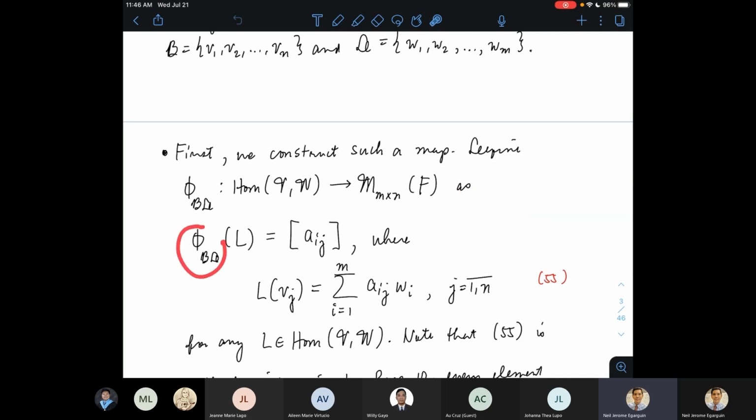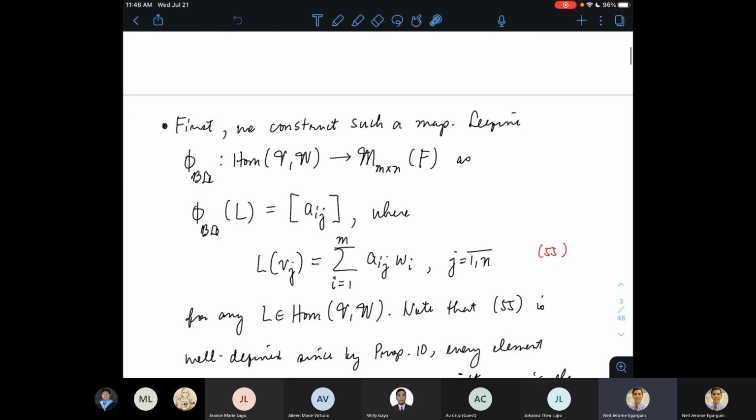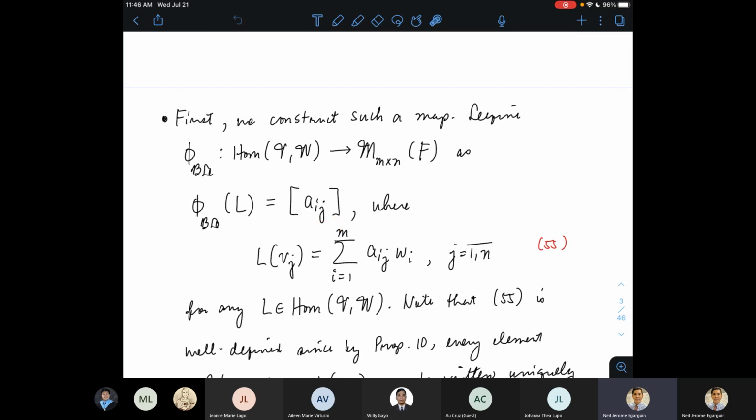And what this transformation phi does is it assigns to the homomorphism L the matrix Aij, where the entries Aij are the corresponding coefficients in the basis expansion of the image of a vector from the basis of V. Okay, so don't worry, we'll see later how this homomorphism works.